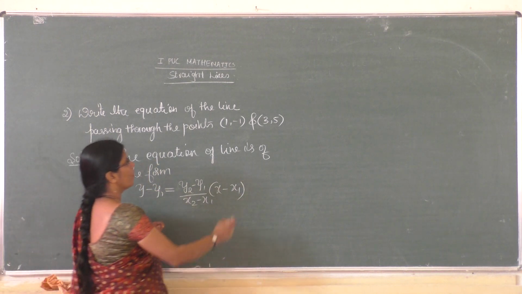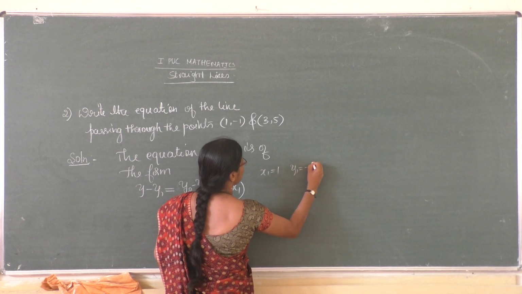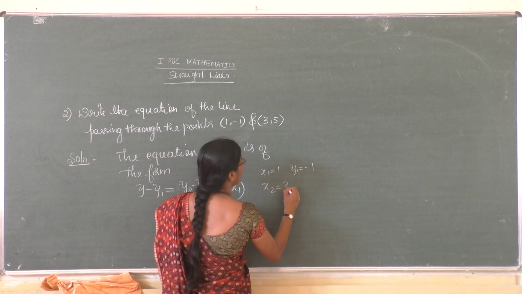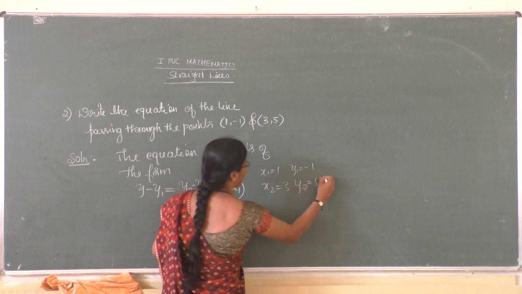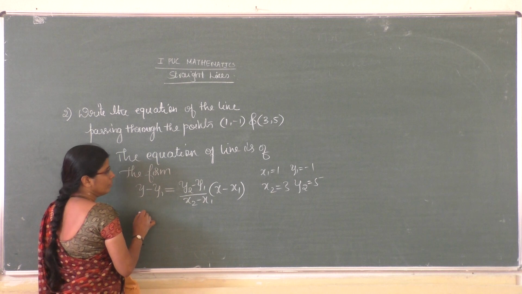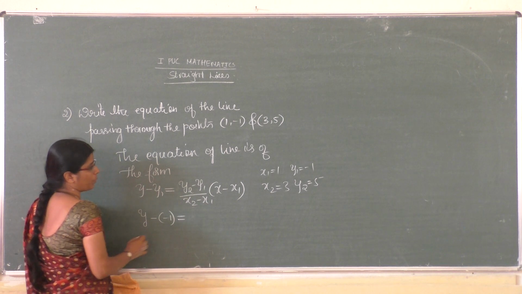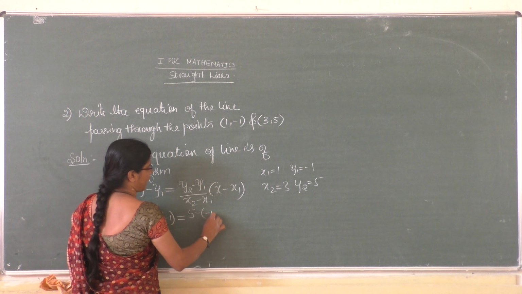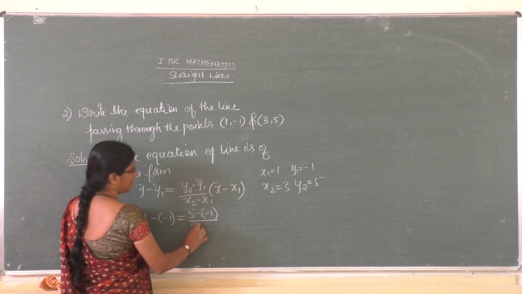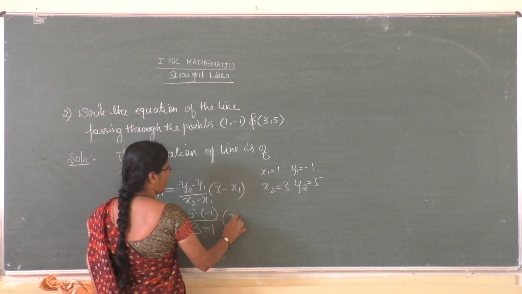So what is x1 here? x1 is 1, y1 is minus 1, x2 is 3, y2 is 5. Substitute these values.